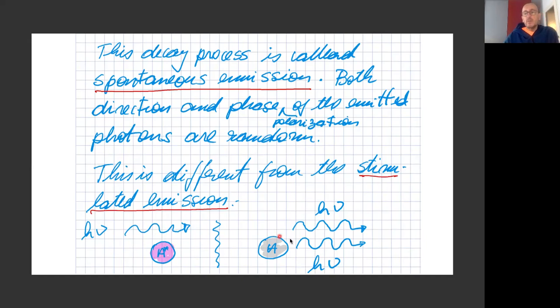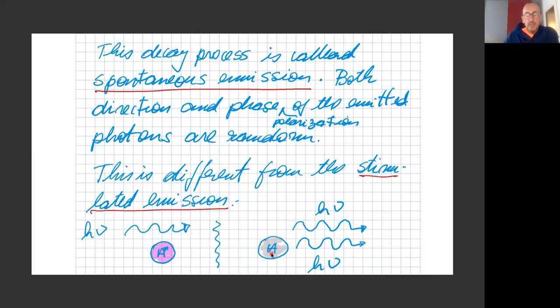And the induced transition will have essentially the same frequency and phase and direction of the incoming photon.